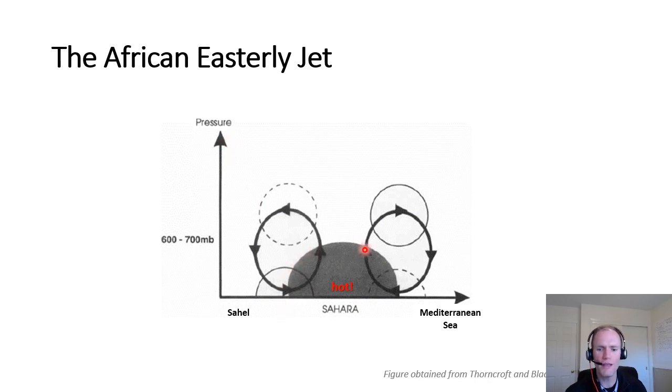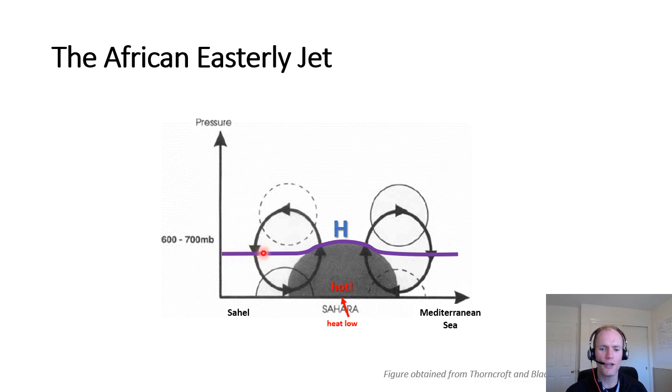And so this gray bubble that we have here to depict the Sahara is really depicting the depth of the heating associated with the solar heating of the sandy soils across that region here. And we know that that heating is going to give rise to greater thickness of the 600 to 1000 millibar pressure layer as compared to regions to the north and to the south.